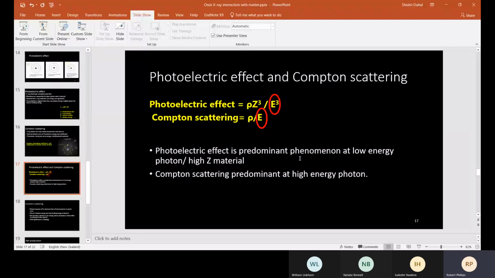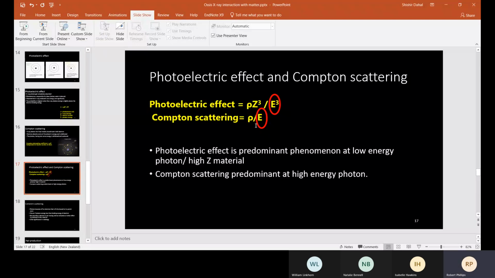The photoelectric effect is the predominant phenomenon in low energy photons. So if the X-ray photon is low energy, the photoelectric effect starts. And again, in high Z material, like if the material has a high atomic number, for example, contrast. So contrast is so attenuating because it has a high atomic number.